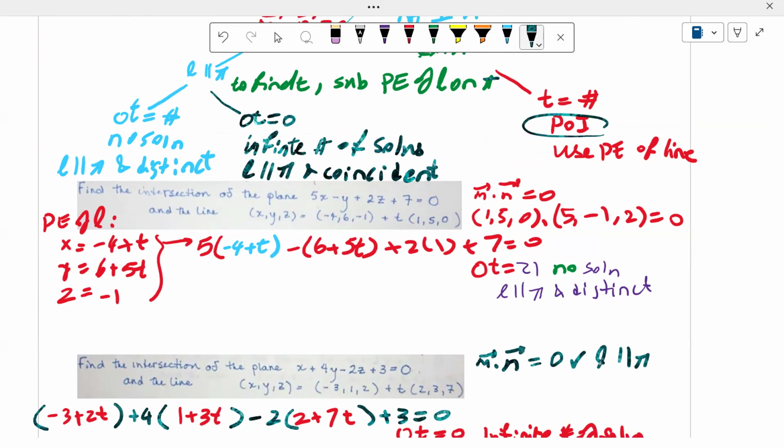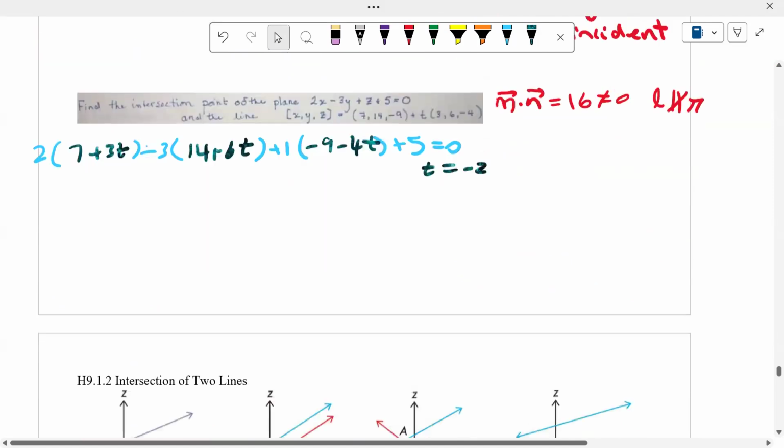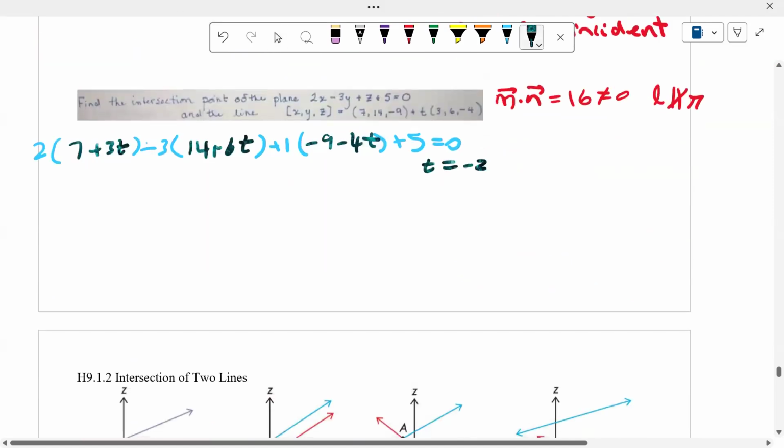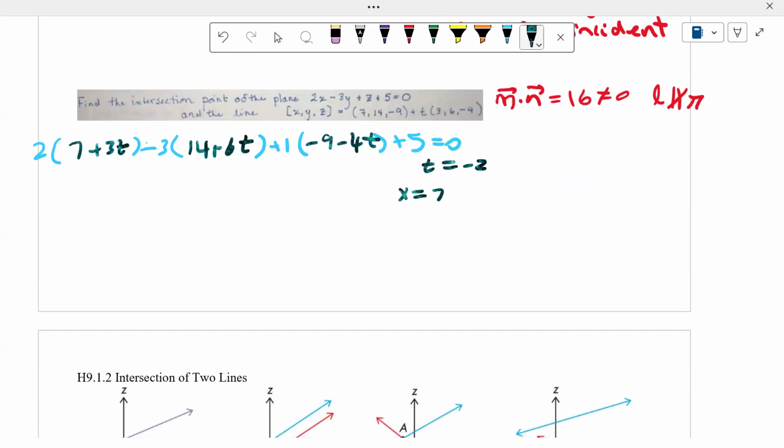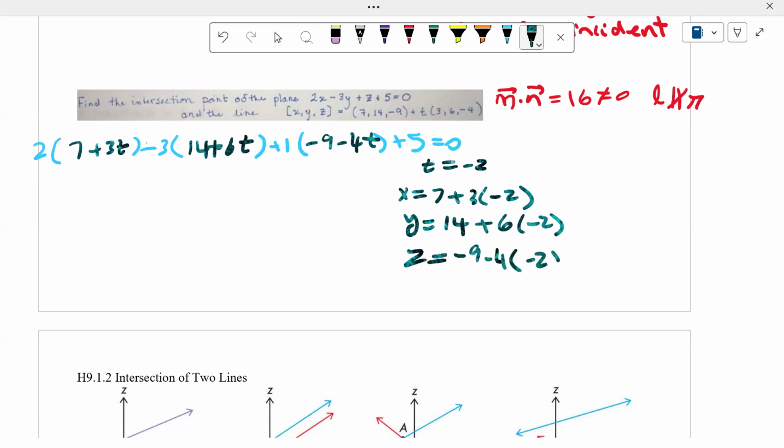Okay. So t is equal to negative 2, and now I'm going to put it into the parametric equation of the line. The parametric equation of the line was x equals 7 plus 3 times negative 2, y equals 14 plus 6 times negative 2, and z equals minus 9 minus 4 times negative 2.